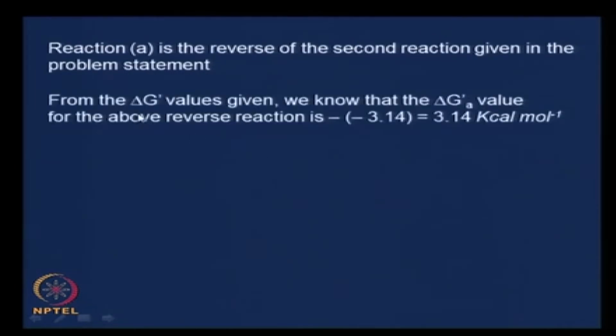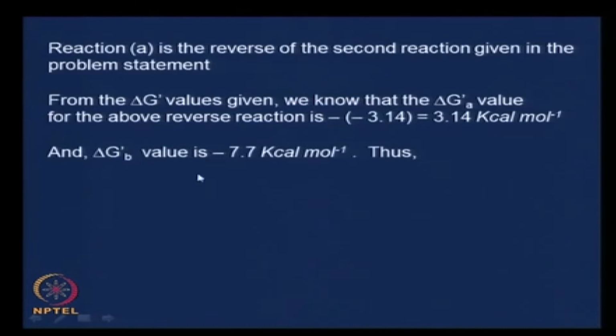So, from the delta G dash values that were given, we know that delta G dash A value for the above reaction is minus of minus 3.14, which is plus 3.14 kilocalories per mole. It is the reverse, therefore, we put in a minus there, and delta G B dash value was minus 7.7 kilocalories per mole.